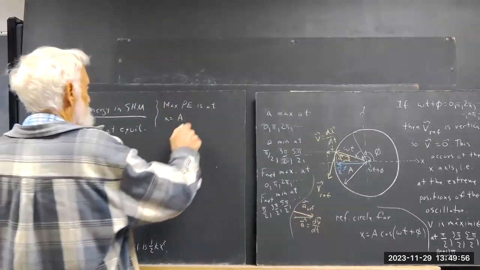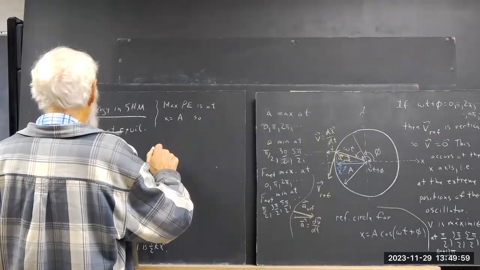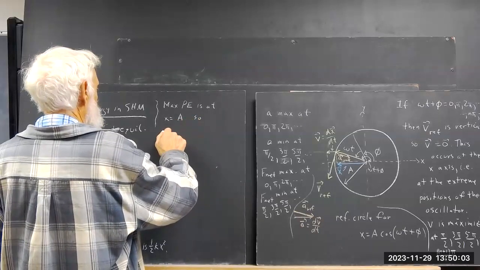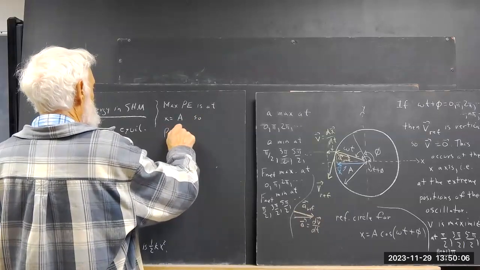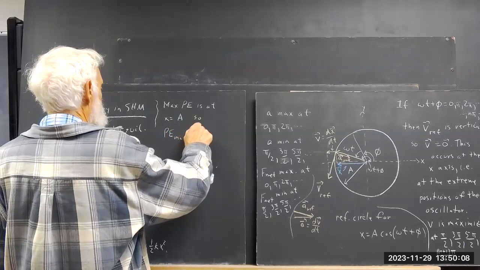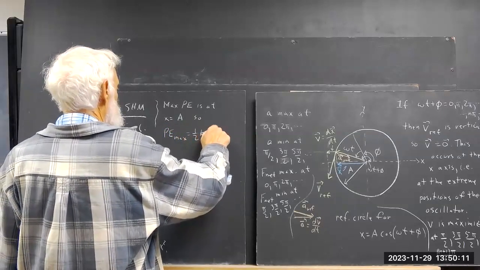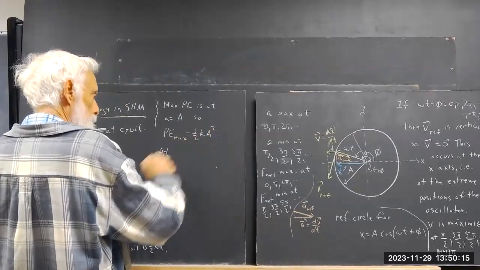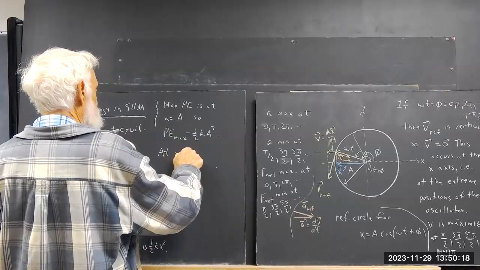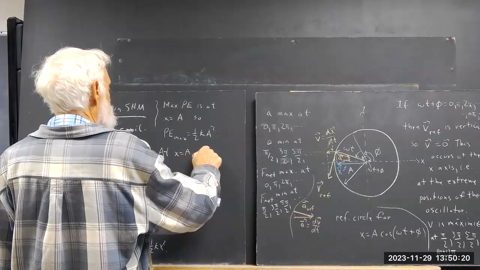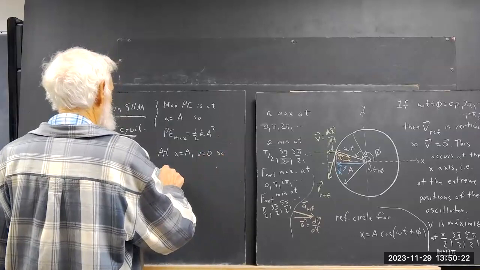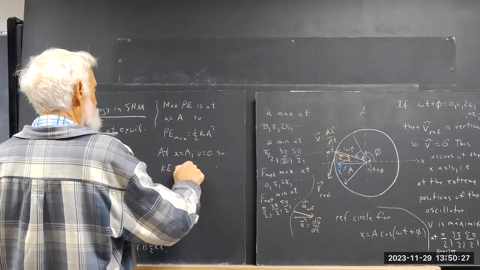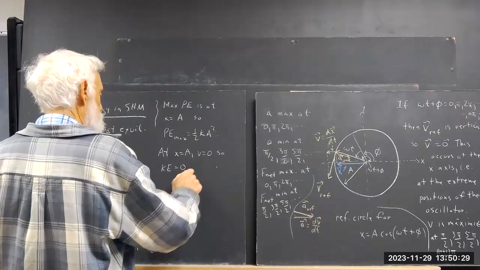So the maximum potential energy is this. At X equals A, the velocity is 0, so kinetic energy equals 0.